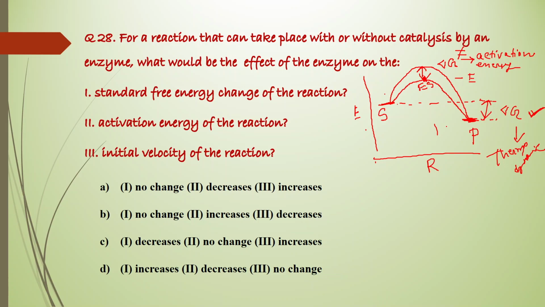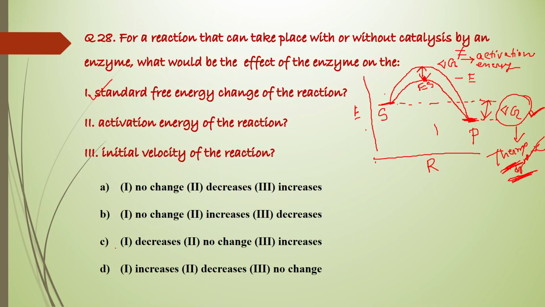So whenever you are adding an enzyme, there is ultimately no change in the standard free energy, that is delta G, which is a thermodynamic quantity. It does not matter whether you add an enzyme or not, it would not change. So for standard free energy, our first option is that it will remain unchanged.